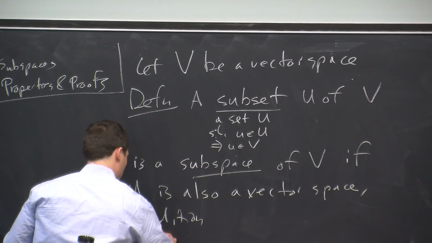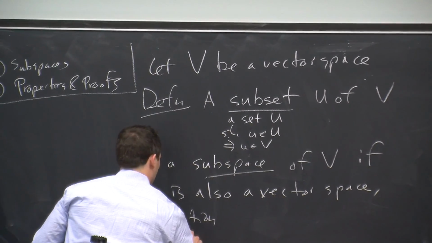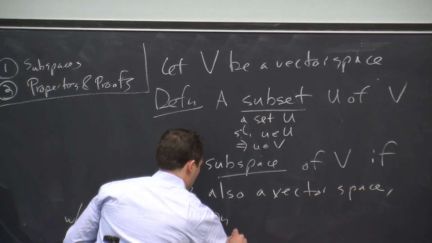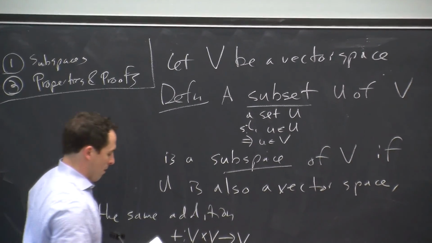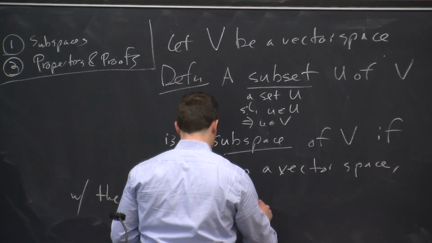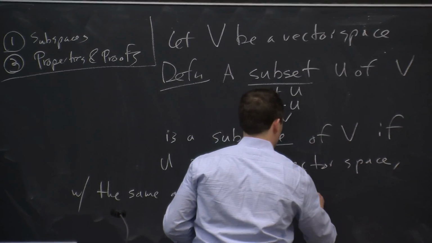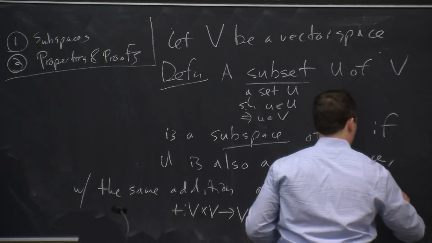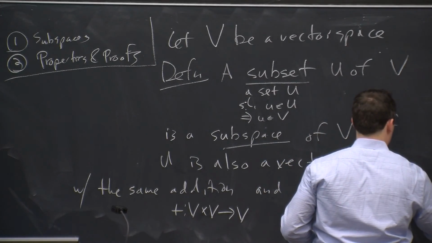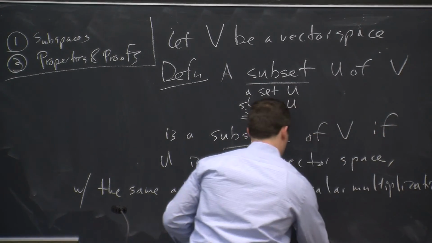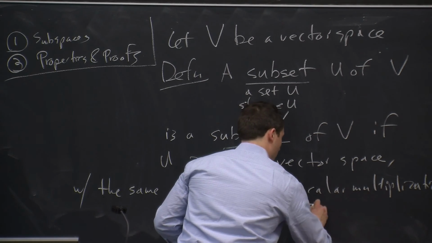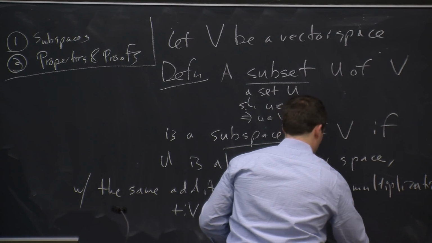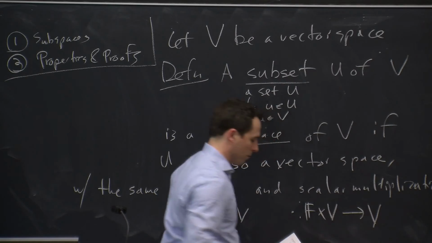Remember, addition is just a function from V cross V back to V. That's the additive abelian group addition, and the same scalar multiplication. And that was this function that goes from the field cross V back to V.